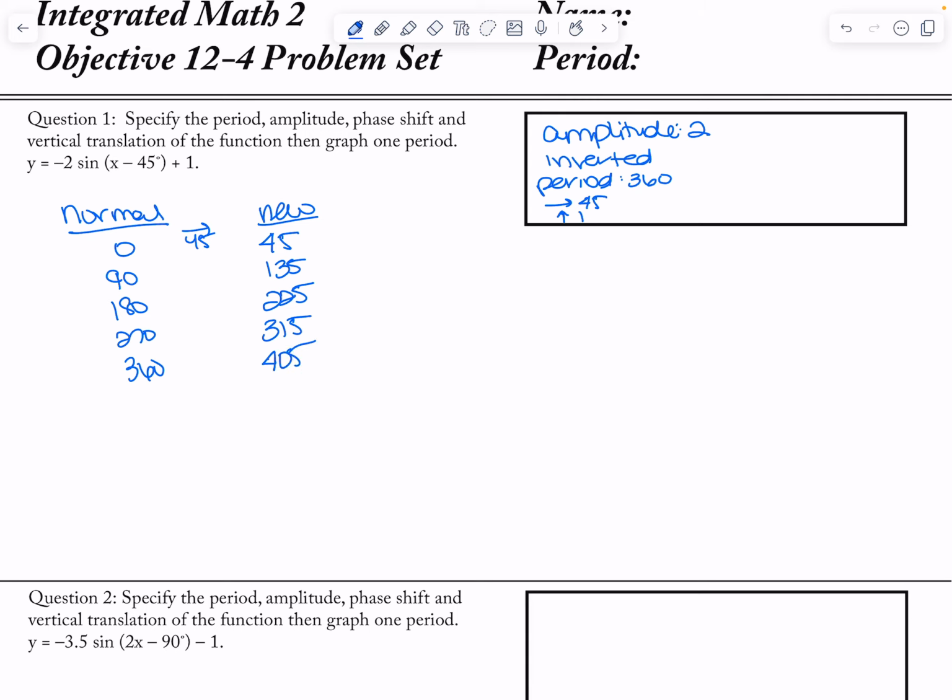And then I'm going up by 1, so my 0 becomes 1, my 2 becomes 3, and my -2 becomes -1.